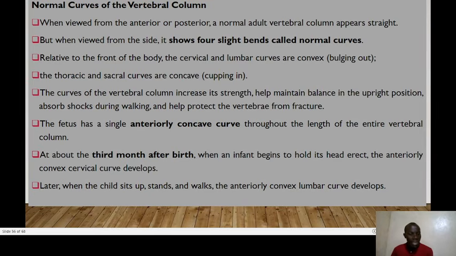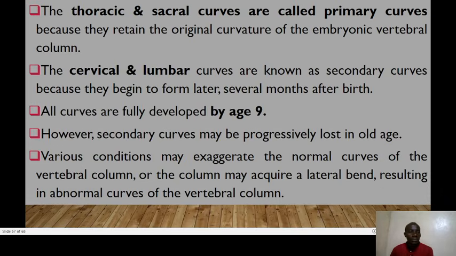At about the 3rd month after birth, when an infant begins to hold its head erect, the anteriorly convex cervical curve develops. Later, when the child sits up or stands and walks, the anteriorly convex lumbar curve also develops. So the thoracic and the sacral are called primary curves.